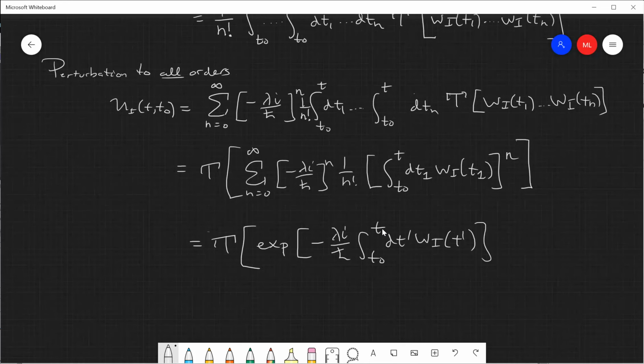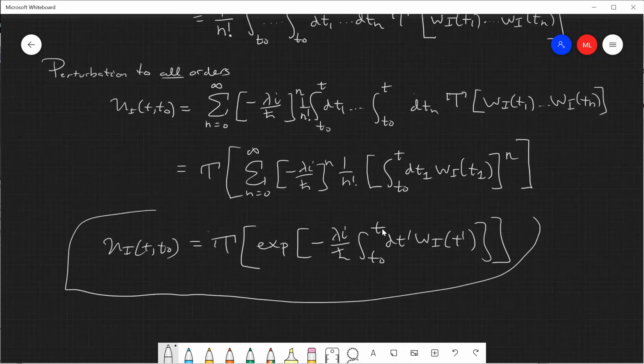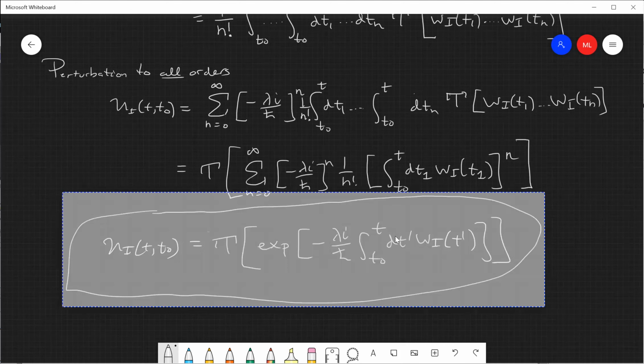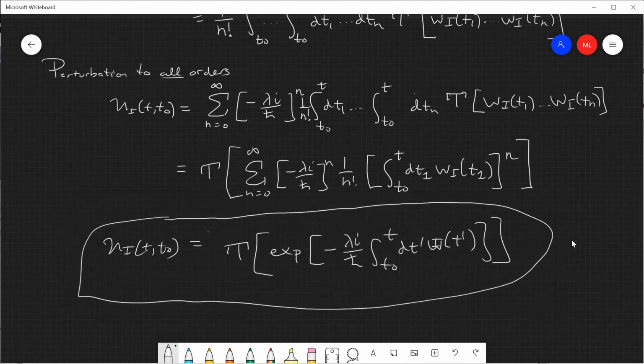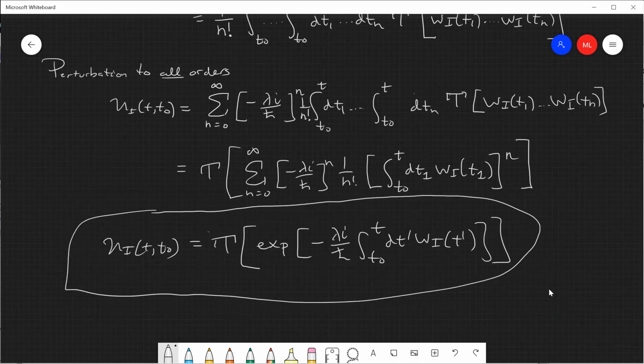And this is the exact solution for the interaction picture evolution operator. But the time ordering is critical. It's really important. The time ordering makes life difficult. But we'll leave it here for now because it's the end of the class, and we'll talk more about what we can use this for later.